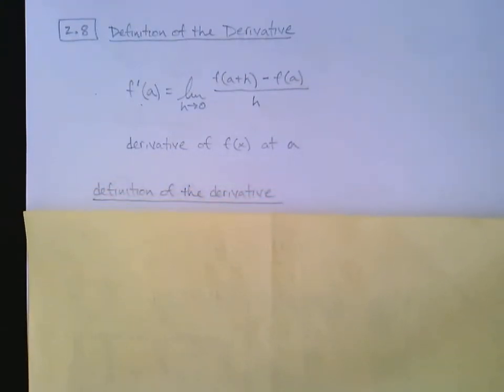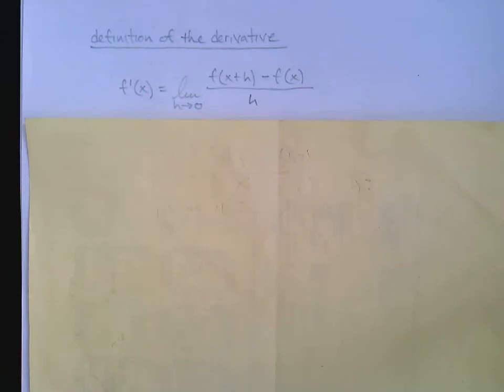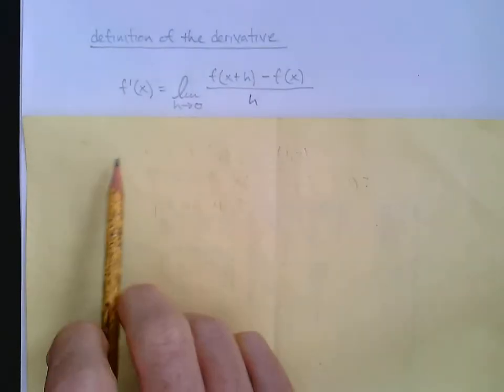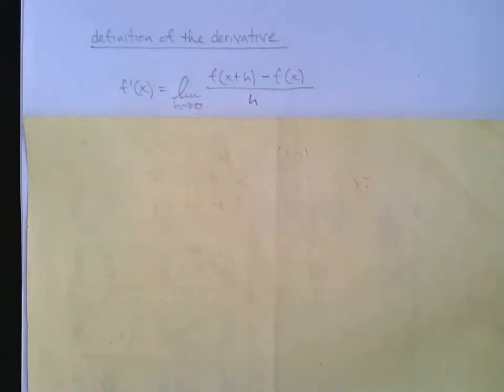So let me explain. So here's the definition of the derivative. Okay. The definition of the derivative is exactly that. Instead of the a, we simply put an x in those three positions.